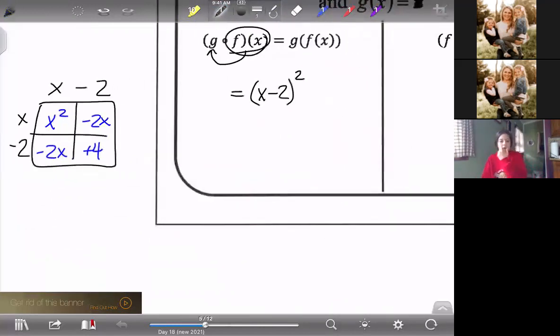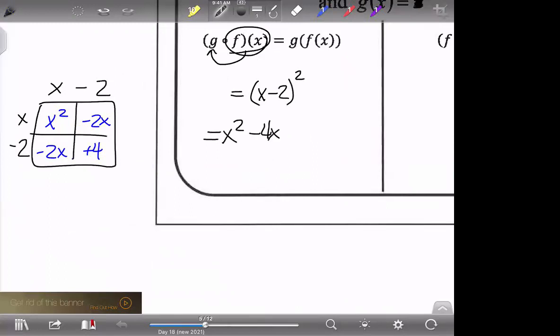So when I simplify that, it's going to give us x squared minus 4x, because negative 2x and negative 2x combined to give you negative 4x, and then plus 4. And that right there would be our final answer.